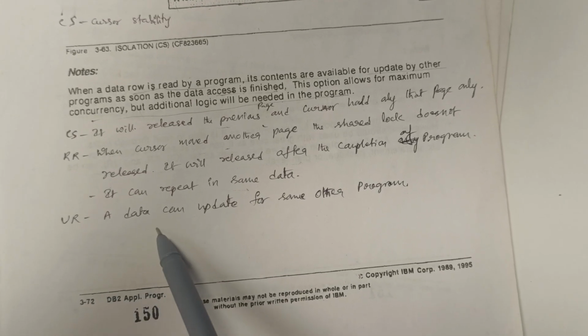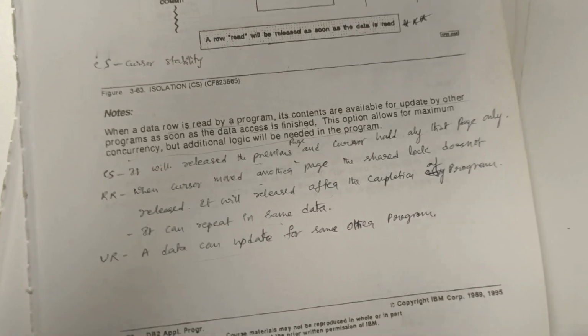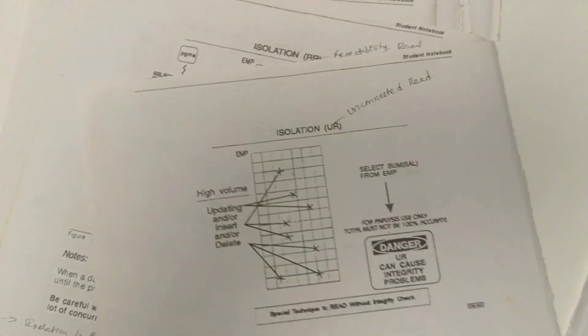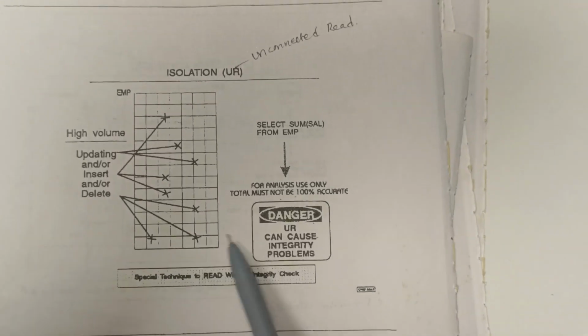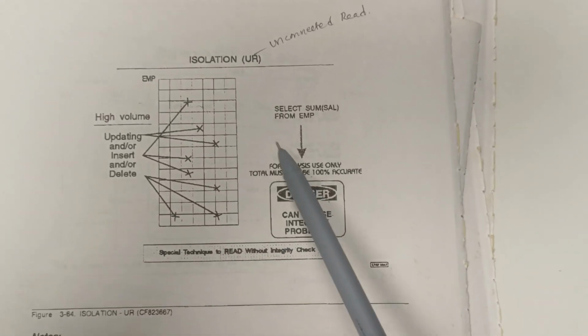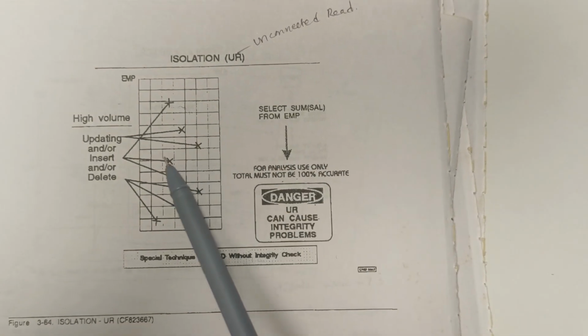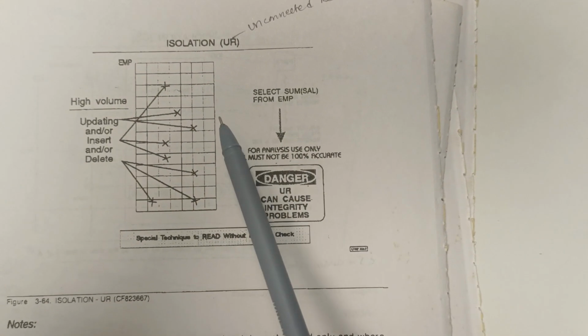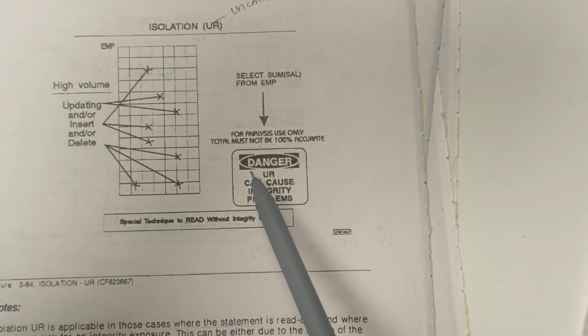And uncommitted data means the data can be updated by some other program. This is called uncommitted read, and we will see what uncommitted read is. It is a specific technique, a read without integrity check. Someone is already doing an update in the table, and you can access the same table, but you won't know whether they are going to update at the same time.